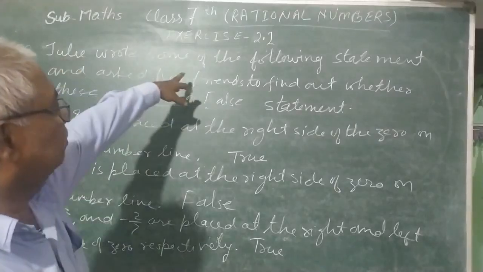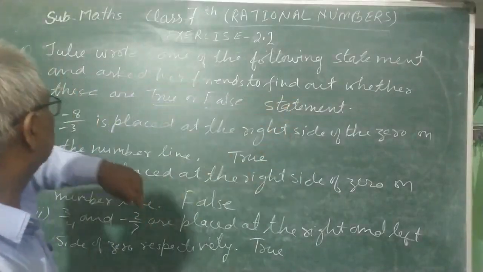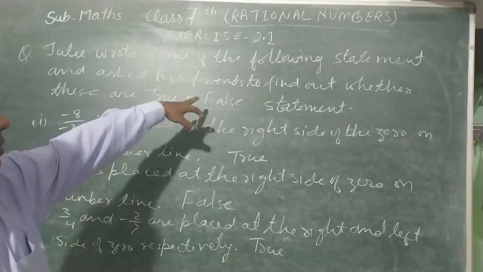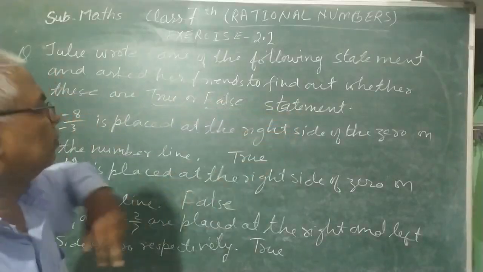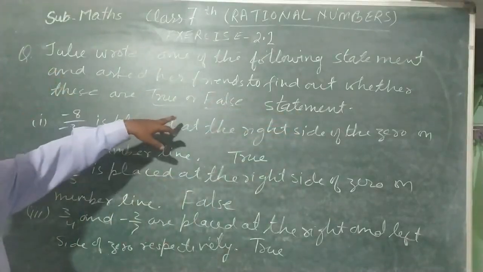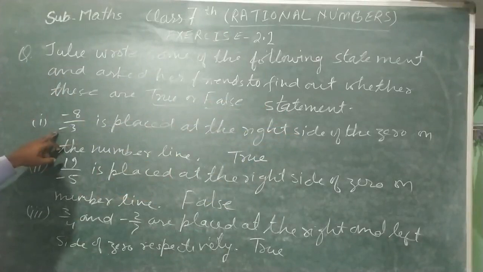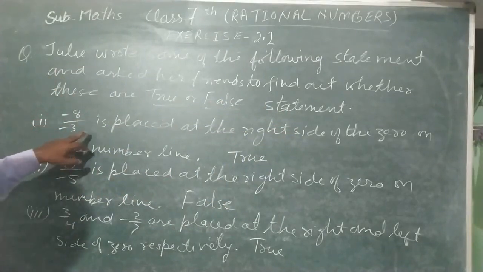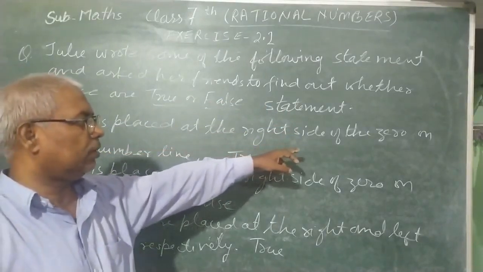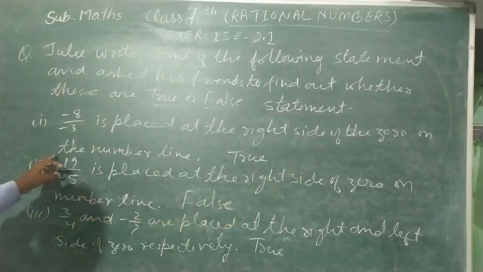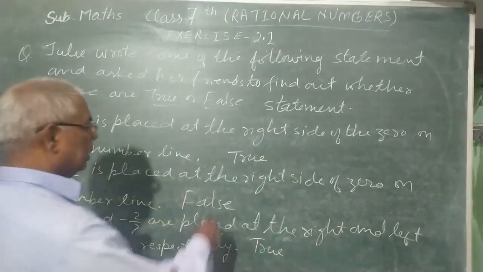Julie wrote some of the following statements and asked her friend to find out whether these are true or false. First one, minus 8/-3 is placed at the right side of the 0 on the number line. That is true. You can write true.